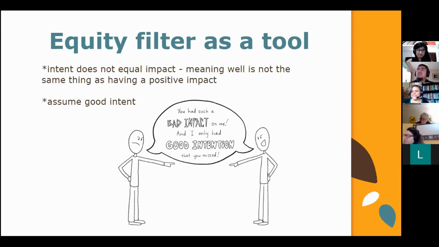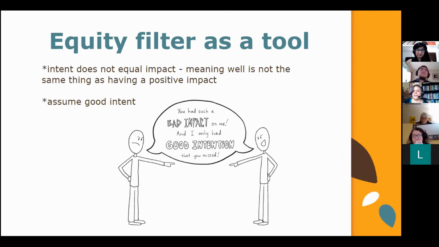The other reason we use this equity filter is because impact is not the same as intent. So I assume that every single one of us in this field have the very best intent. I wake up every day assuming that y'all are doing everything you can for your clients, and that everything you do comes from the best part of your hearts. It doesn't mean that nothing that we ever do is impactful or harmful.